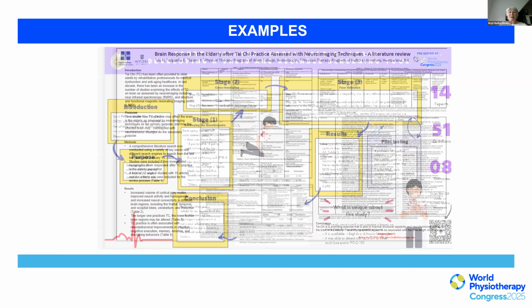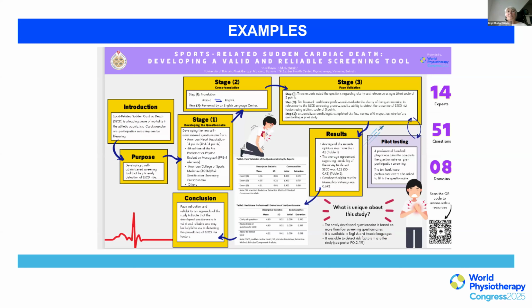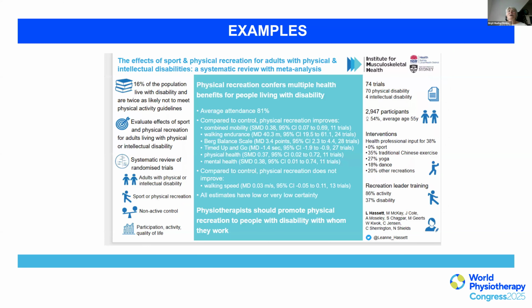And there's another example. And they are all in different formats, and we have preferences on how we would want to display the information that we want to convey. And this just gives you a few examples on how a poster could look like. And this is another one that was shared at a previous World Physiotherapy Congress.